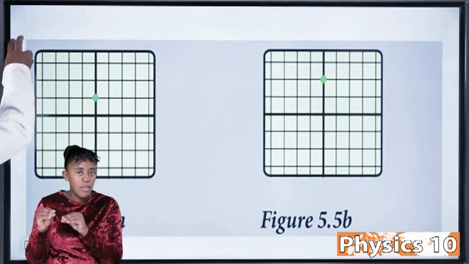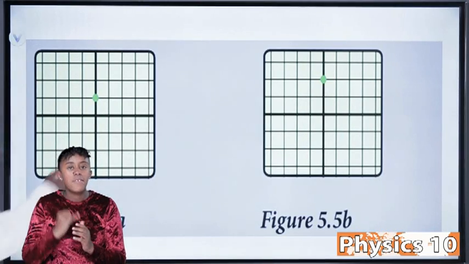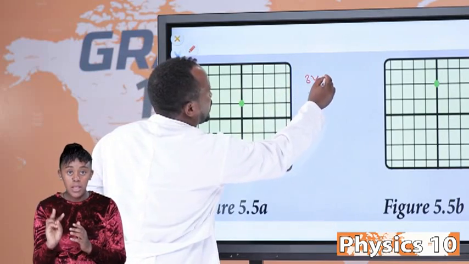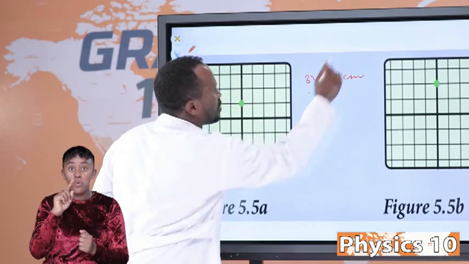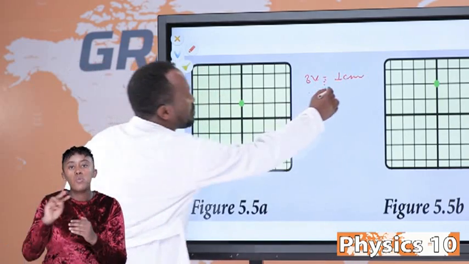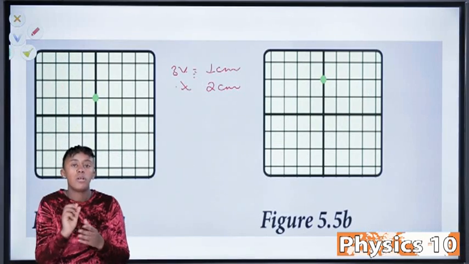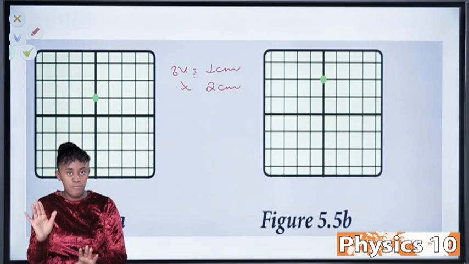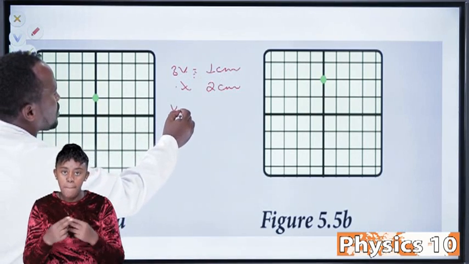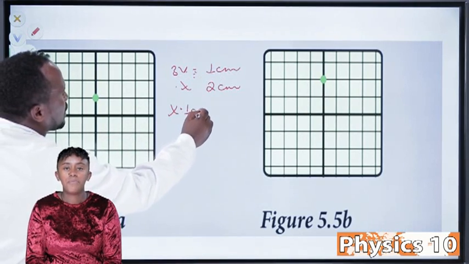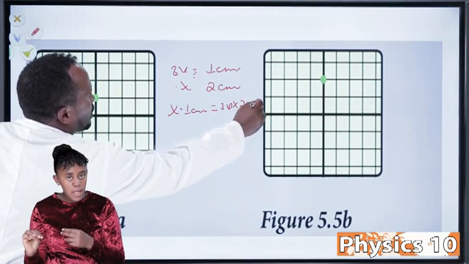So, students, if 3 volts deflected the spot by 1 centimeter, then 2 centimeters is deflected by how much voltage? We don't know the value of the voltage. Therefore, by cross multiplication, x times 1 centimeter is equal to 3 volts times 2 centimeters.